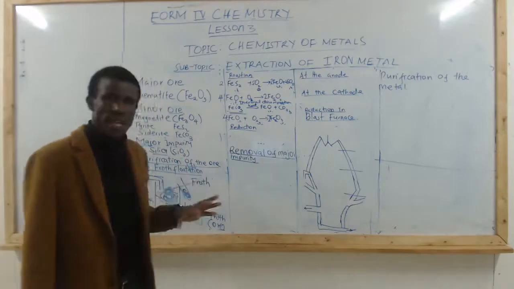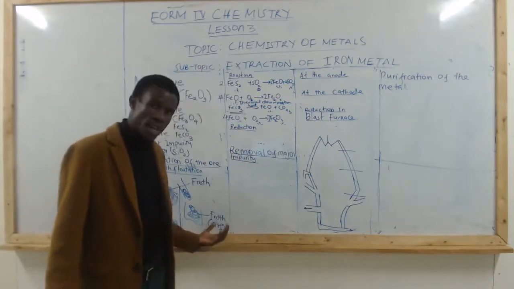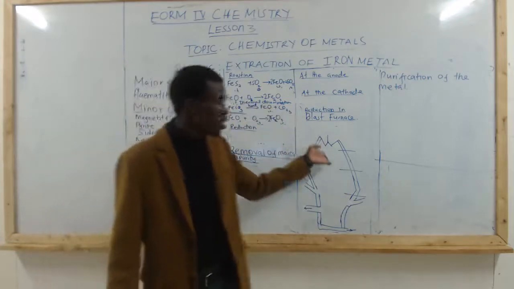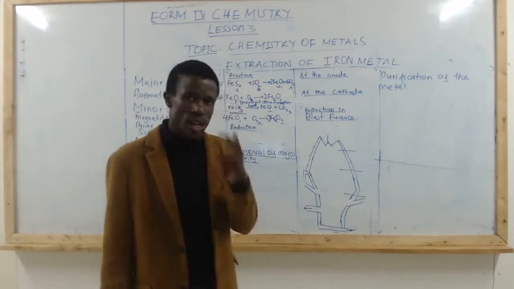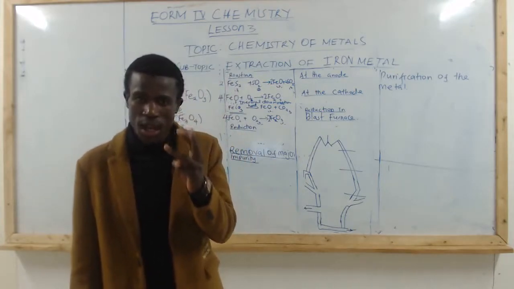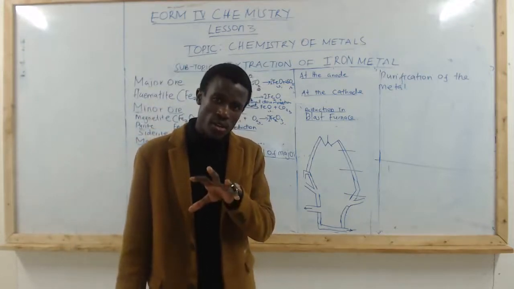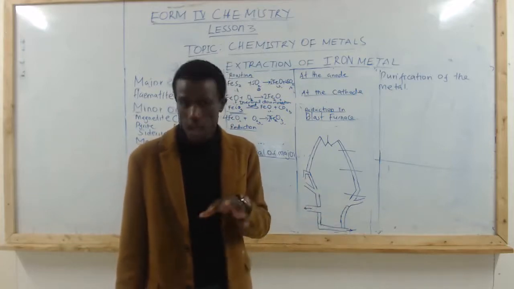Now, once that has been done, the froth or the ore which has undergone the purification is passed into a furnace. Now, the furnace has got three parts. But before we look at what happens at the furnace, the ore is not passed into the furnace alone.